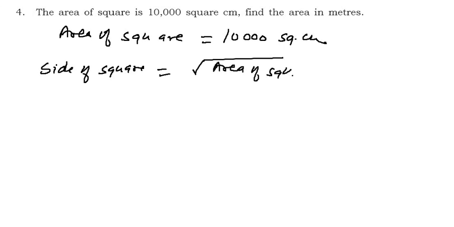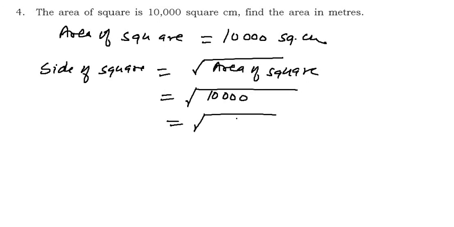So what will happen? It is 10,000, so we change it to square root, it will be 100. So that is 100 centimeters. So that will be your answer.